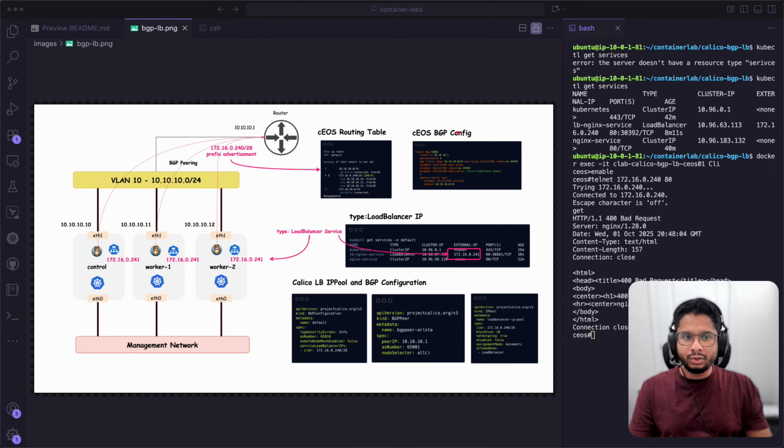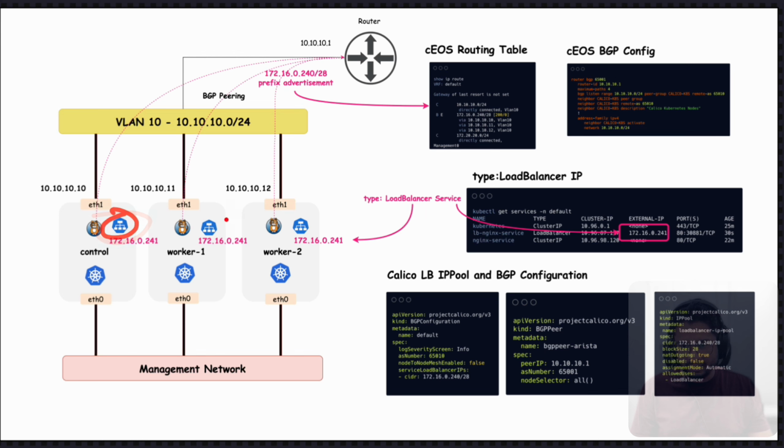What we essentially did was create a load balancer type service, as indicated by this service icon, and we advertised the LB pool CIDR prefix to the upstream router. We looked at the routing table and configured equal cost multipath routing as well, so that the routing table sees multiple next hops for that particular IP address.